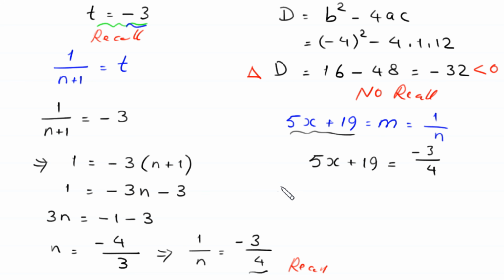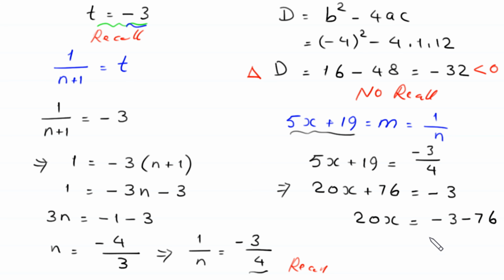And if we multiply both sides by 4, this implies that 20 times x plus 76 is equal to negative 3. And we move the plus 76 to the right hand side, then this will become 20 times x is equal to negative 3 minus 76. And from here we get the value of x is equal to negative 79 divided by 20. This is the final value of x. This is the final answer of this equation.